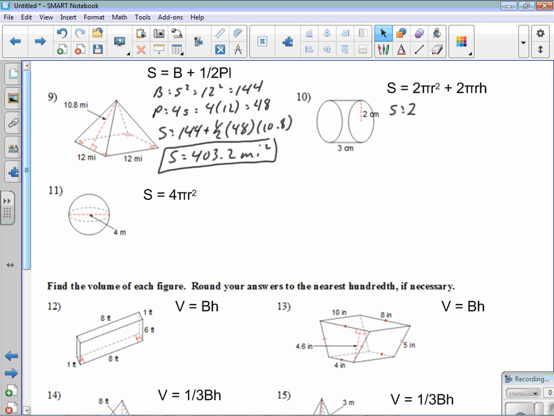So 2 pi times the radius, which is 2 squared, plus 2 pi times 2 times the height, which is the distance between the circles, which is 3. So 2 pi times 4 plus 2 times 2 is 4 times 3 is 12 pi.